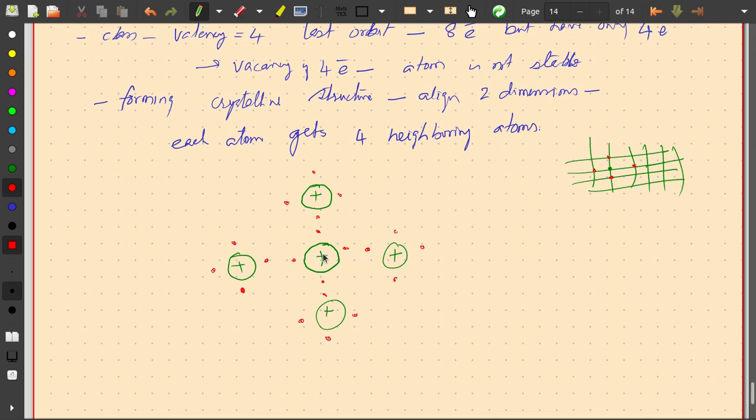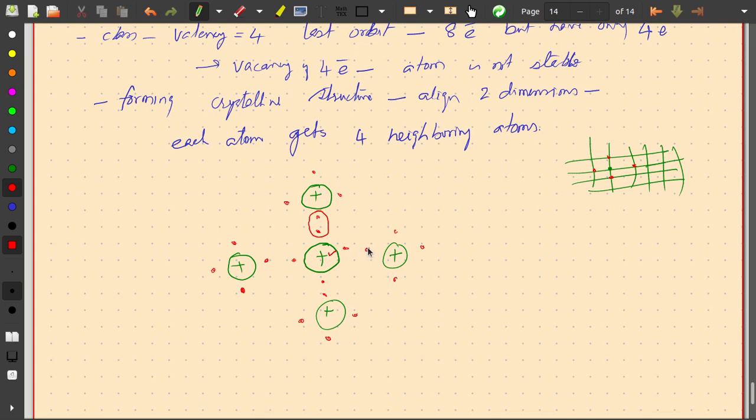So if we just look at this particular case, then it can share its electron with its neighbor. So these two are shared. This electron sometimes is around this atom, sometimes around this nucleus. So this electron is part of both these nuclei. Sometimes it orbits this, sometimes it orbits this.